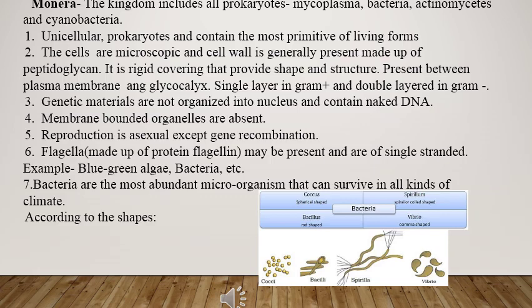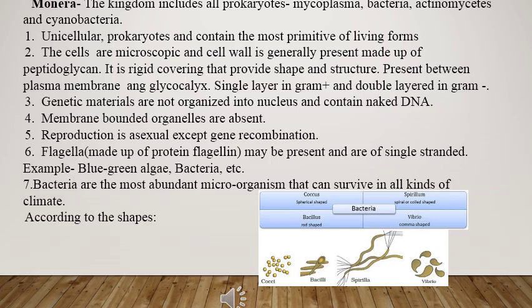For example, the ribosomes present here are of 70S unit, whereas organelles like endoplasmic reticulum and Golgi bodies are absent in it. It reproduces asexually without showing any variation, meaning without showing any gene recombination.